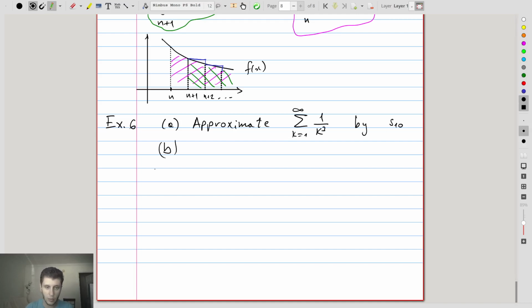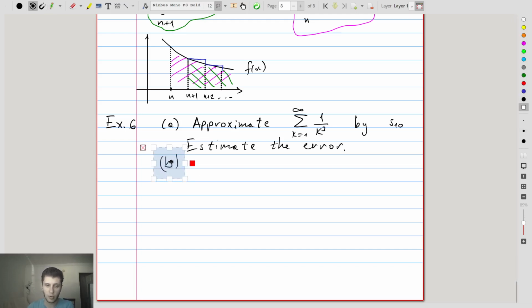Then what we will do is we will determine the error of this approximation, or rather estimate the error of this approximation. In other words, we will say, okay, we added up 10 terms, how bad an estimate is that? What's the maximal error that we can make in this way?